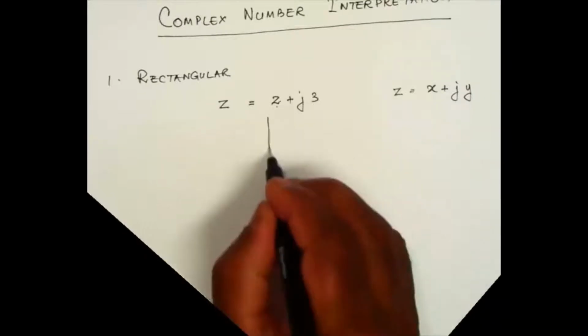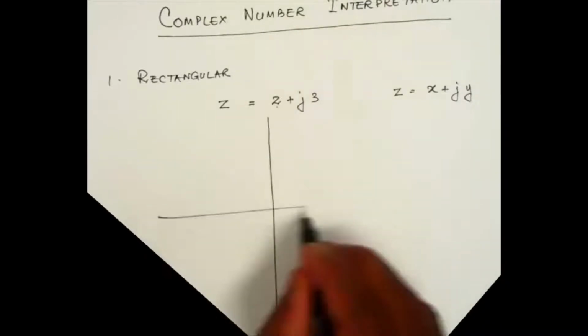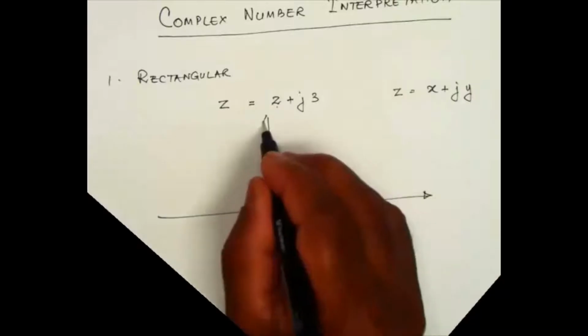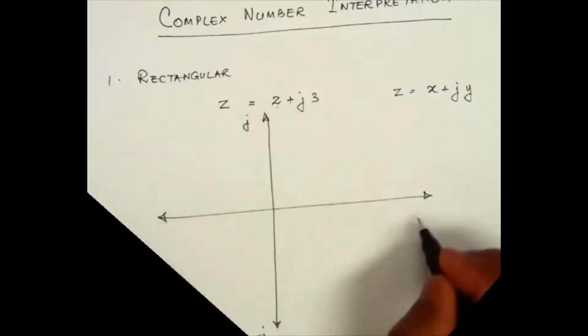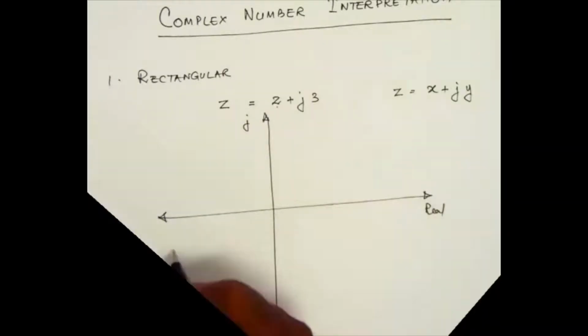So, in the Argand diagram, we can show it like we used to do earlier. That's negative j-axis, positive j-axis, real axis, and the negative real axis.